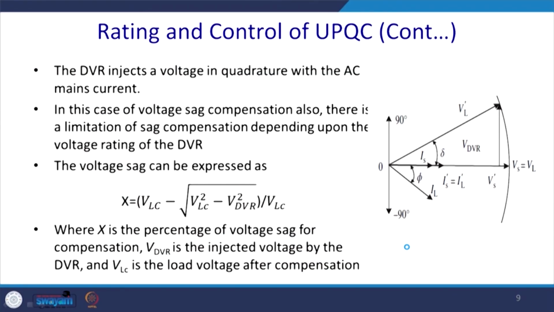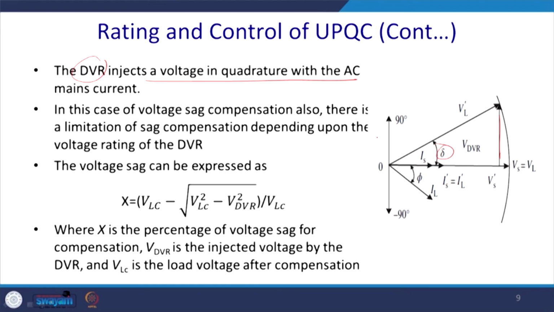Now, we have discussed the classifications there. Let us talk about the rating of this UPQC. The DVR injects the voltage in quadrature with the current, pardon me.